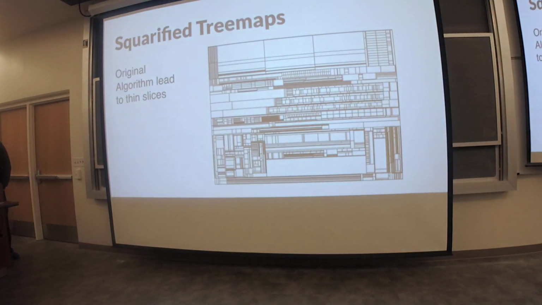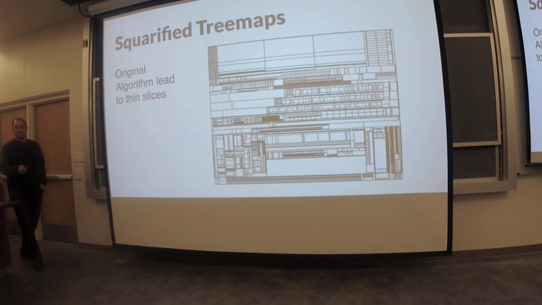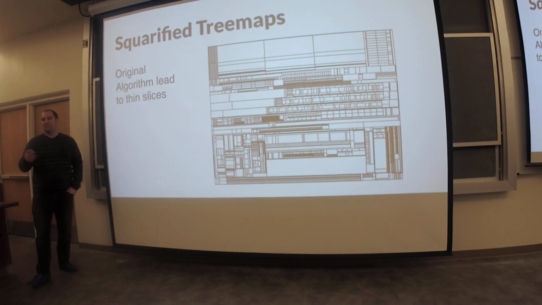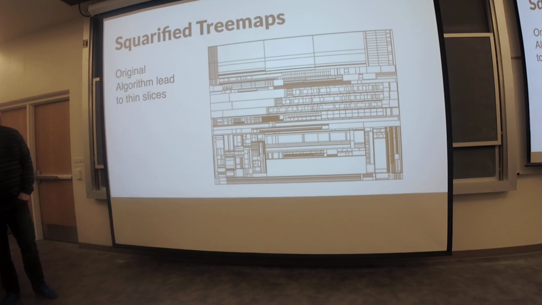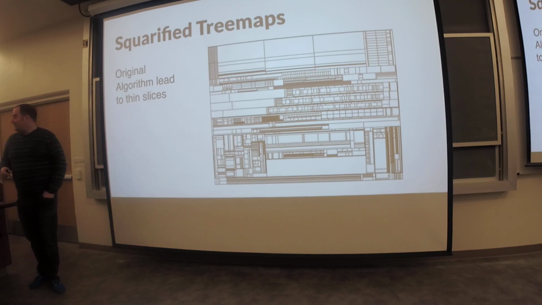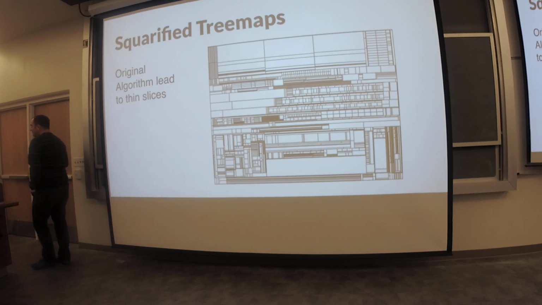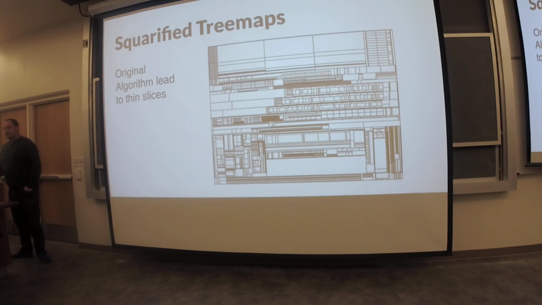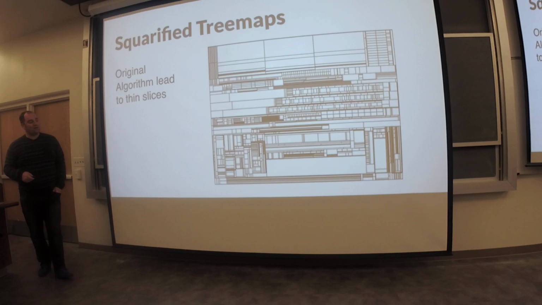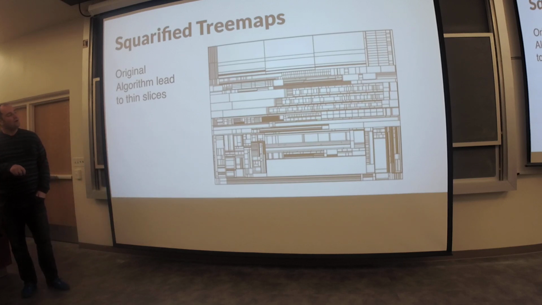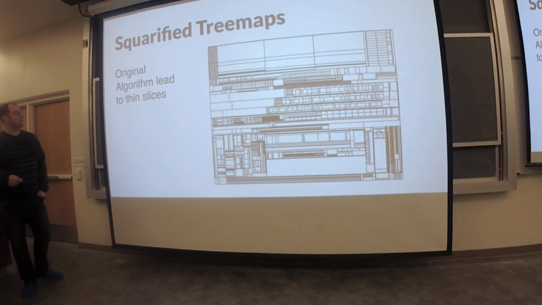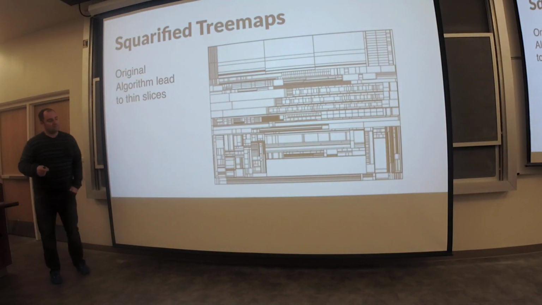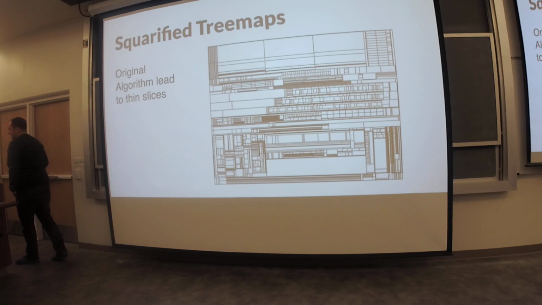One problem, if you just naively implement this, is the one you just mentioned: our boxes get oddly shaped. This is the original paper that introduced tree maps. As you can see, these boxes tend to have odd shapes. We have these very long shapes here. They're simply not well represented. We have these thin slices, and that's problematic.